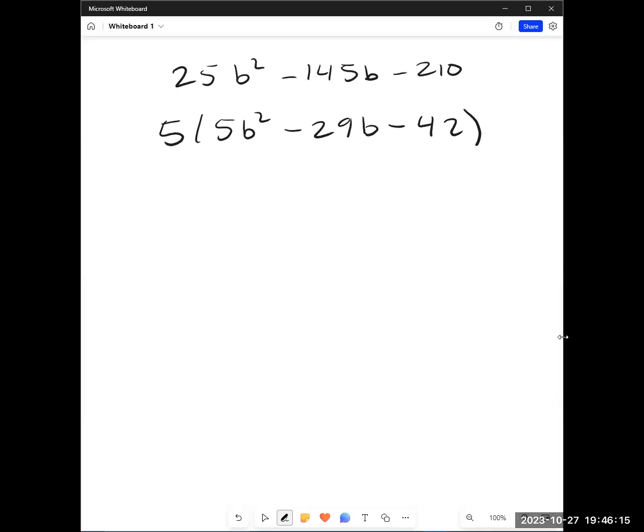So 5 times negative 42 is going to be negative 210.